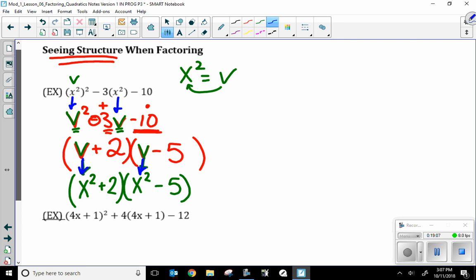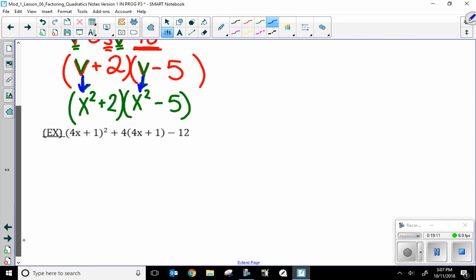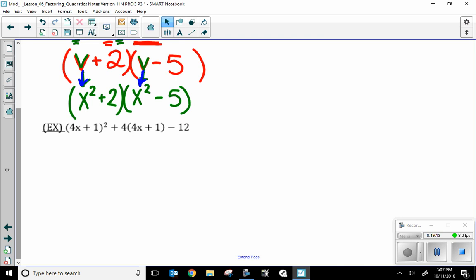All right? Let's try the next one. I think you guys are starting to get this. Let's try this last one right here. Ooh, this is even worse. I have 4x plus 1 squared plus 4 times 4x plus 1 minus 12. All right, let's use, first of all, purple. Love it.